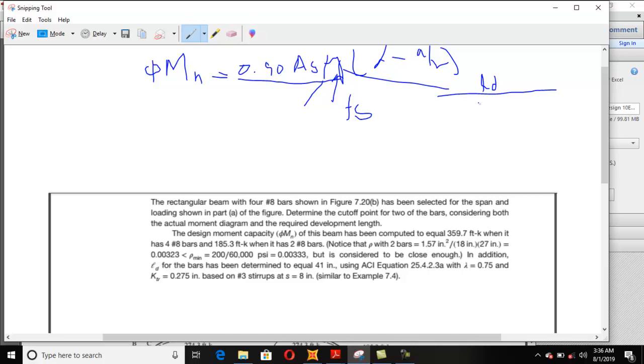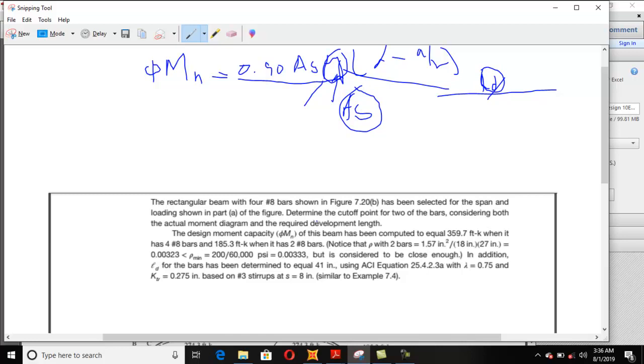If the cutoff length is less than that development length, this fy will not be developed. The stress value will be less than fy, there may be fs. Therefore, your cutoff length should be greater than or equal to Ld.